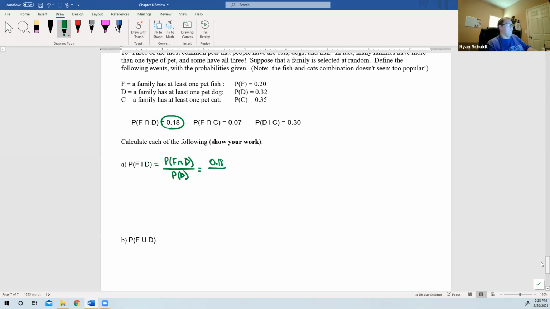Do we know the probability of a dog? Yes, it's 0.32. Divide these and you get, to 4 decimal places, 0.5625. Boom, you showed me. You didn't just do it.